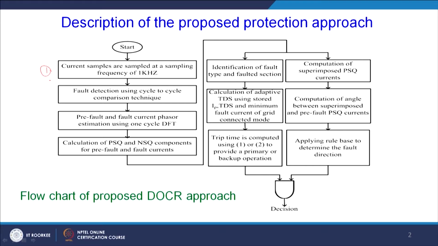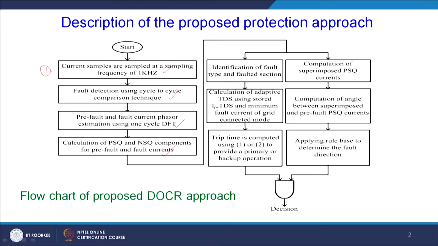In the first step, current samples are sampled at a sampling frequency of 1 kilohertz, and then the fault is detected and the phases are estimated using the DFT, that is, the discrete Fourier transform technique.